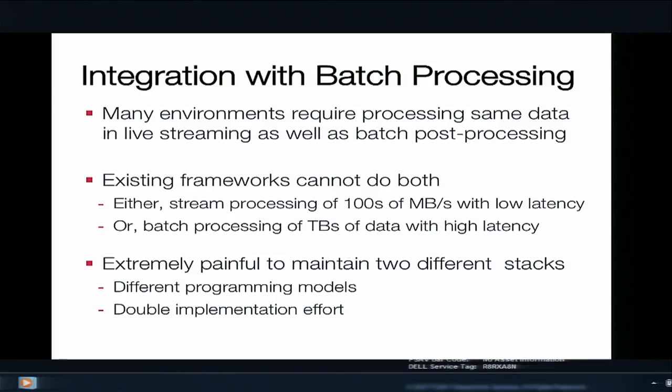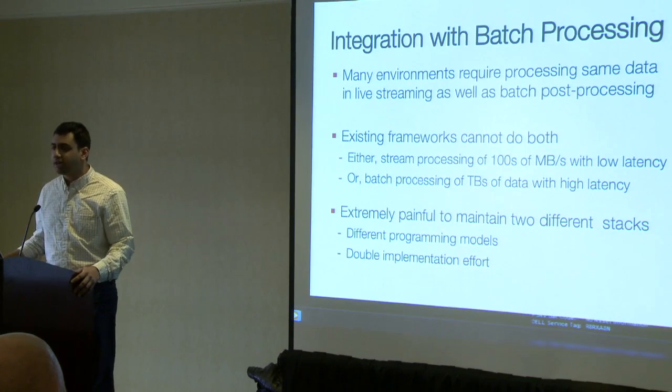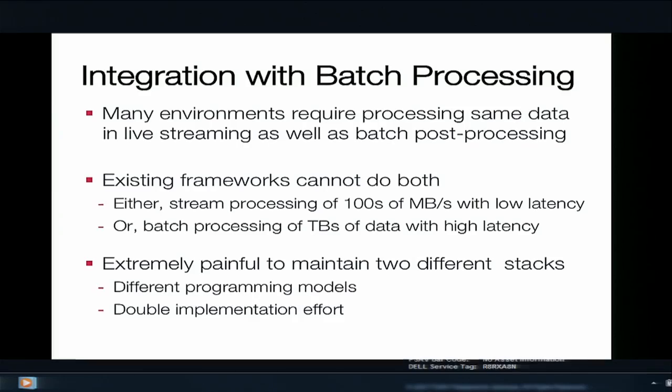We found that many of the environments, with one key example being Conviva, that process live data streams also take the same data and do batch processing on it as well, let's say to generate monthly and yearly reports. Now, the problem with building this kind of system is that there is no single framework that can do both stream processing and batch processing together in the same platform.